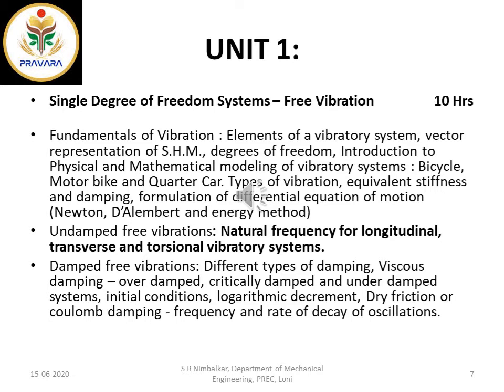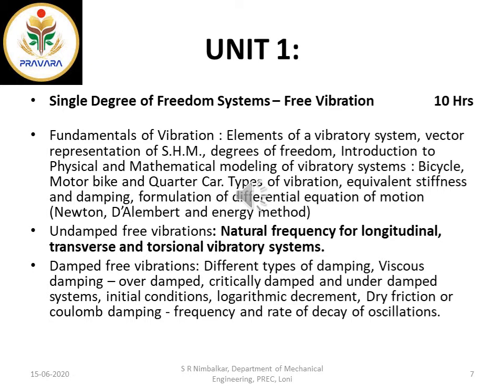The next is the types of vibrations. You should know the various types of vibrations. Then equivalent stiffness and damping, then formulation of the differential equation of motion. When you evaluate the natural frequencies, you should apply various governing equations, which are given by scientists: Newton, D'Alembert, and one more, Rayleigh.